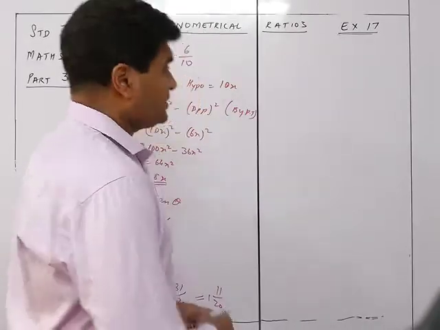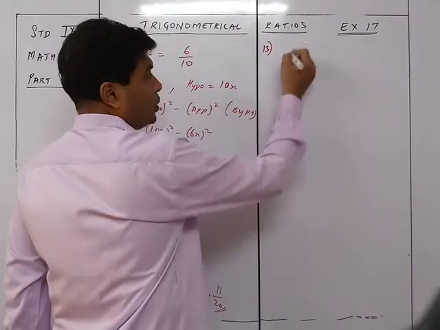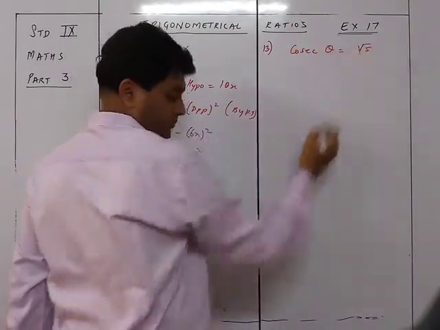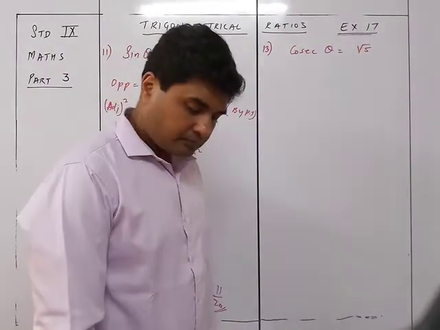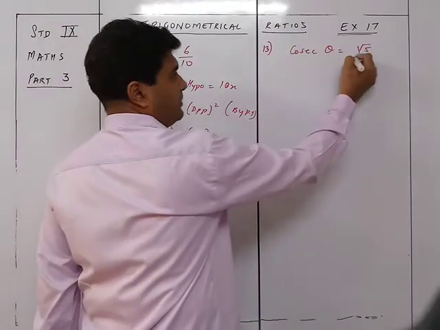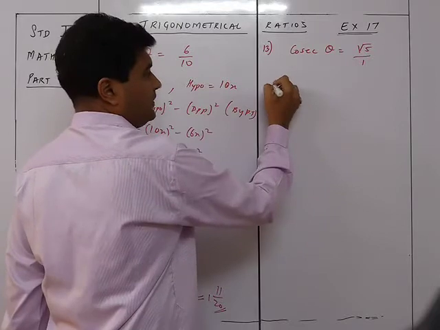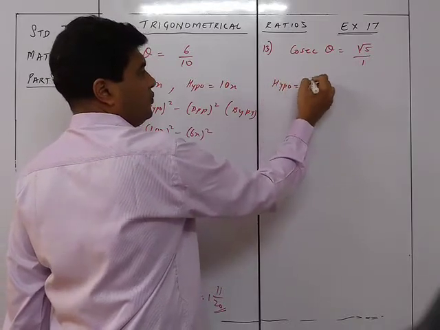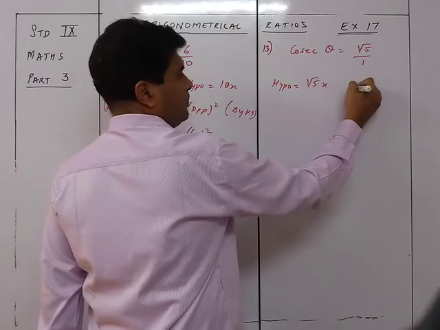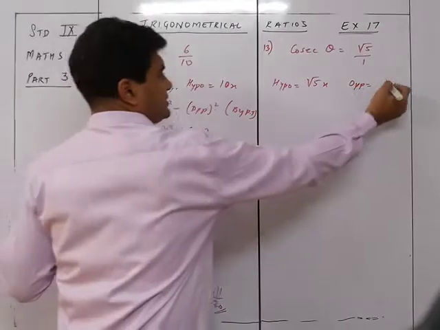We move on to sum number 13. So again, sum number 13 is cosec theta is equals to root 5. Again same kind. What is this? This is actually nothing but root 5 upon 1. Therefore, we can say cosec is nothing but hypotenuse upon opposite, so hypotenuse is equals to root 5x, and opposite is equals to x.